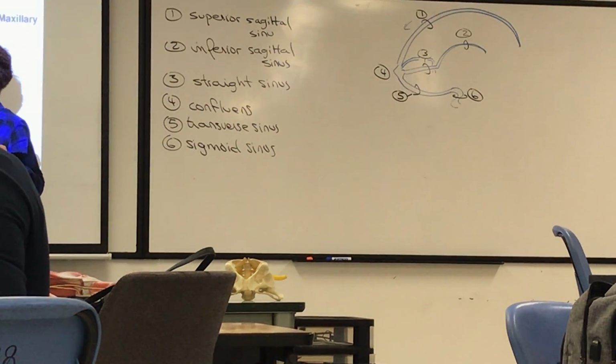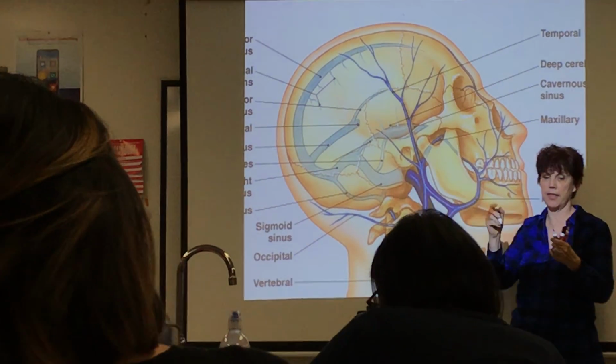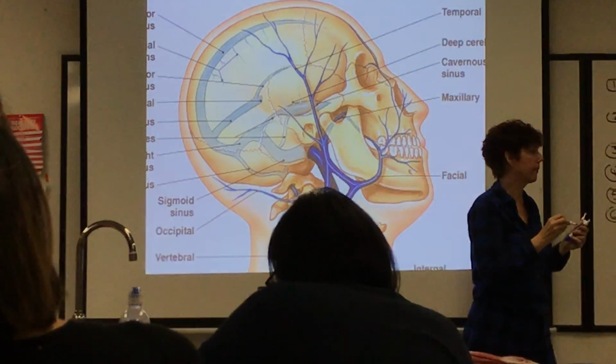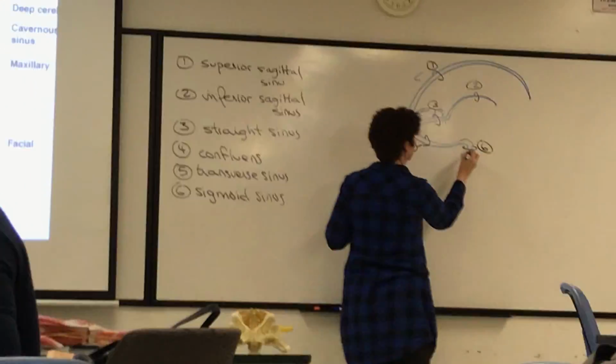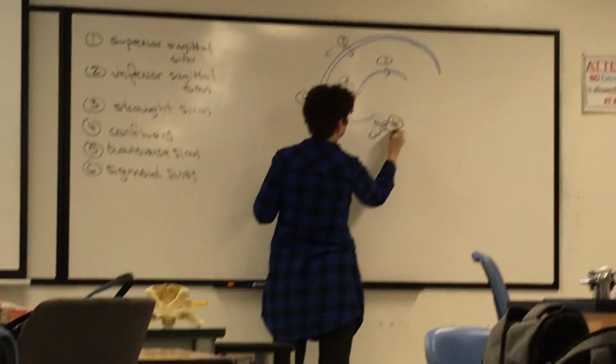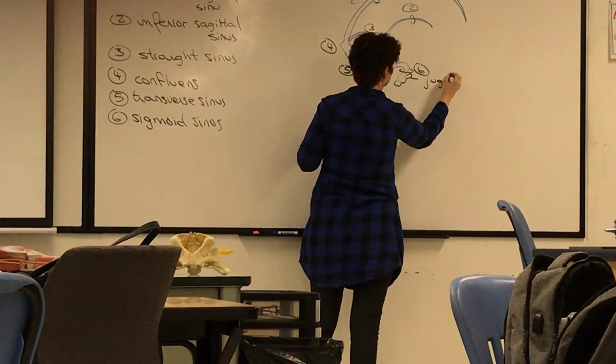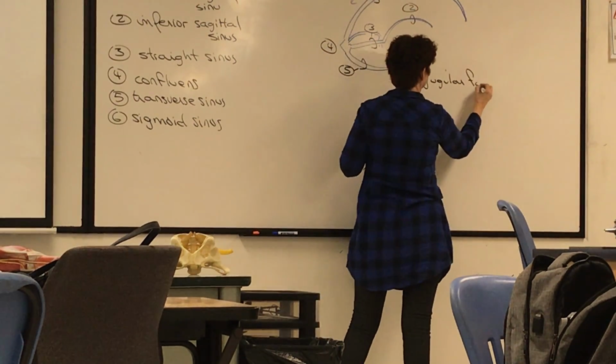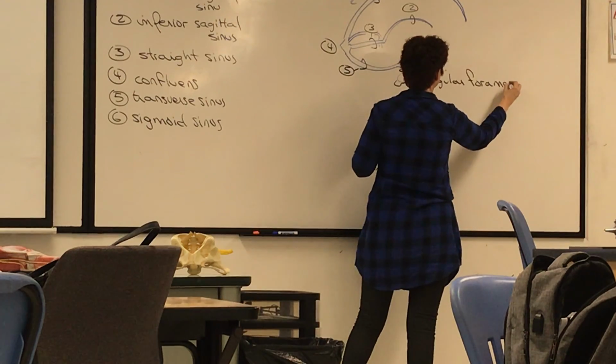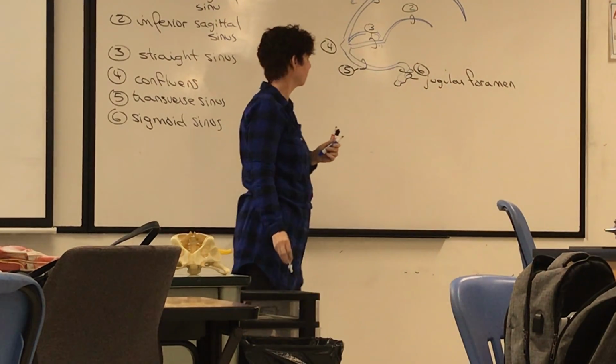So we're right here. And the sigmoid sinus ends at the jugular foramen, the gap between the temporal bone and the occipital bone.